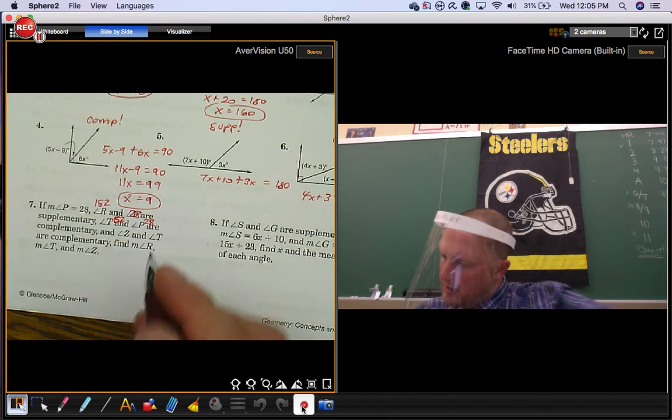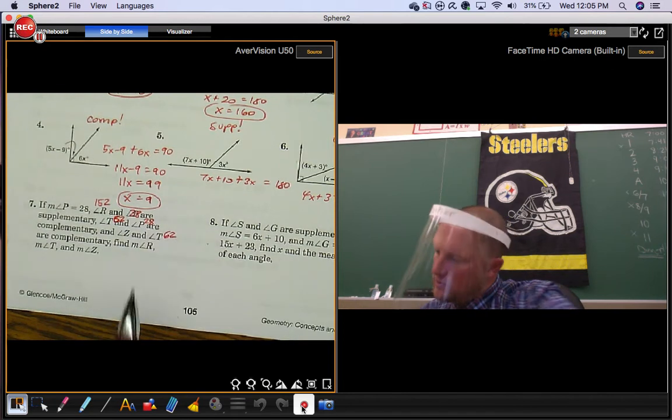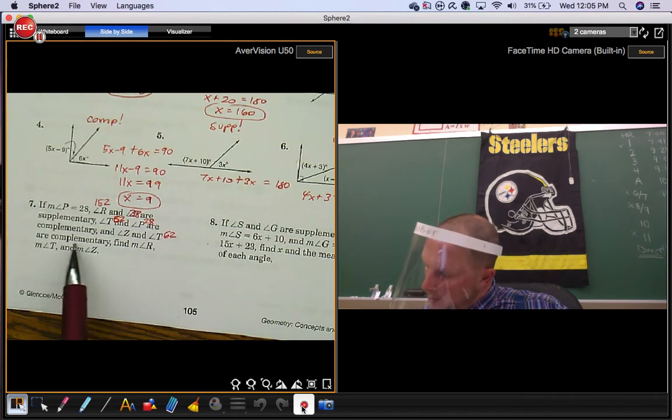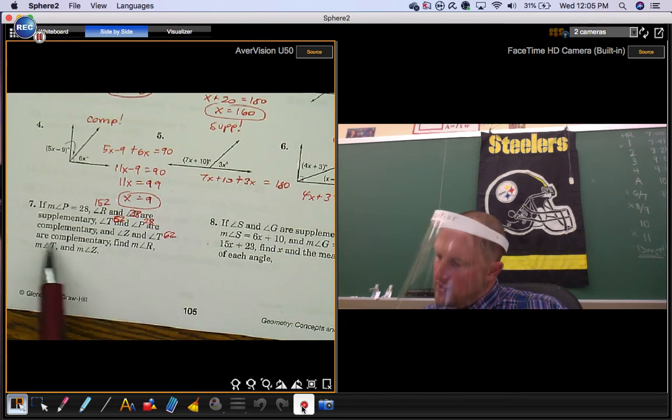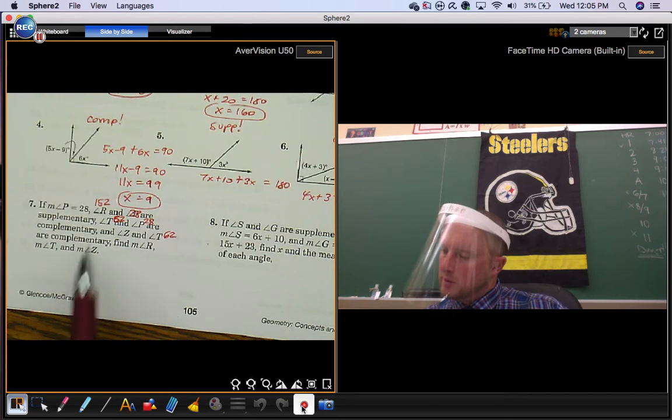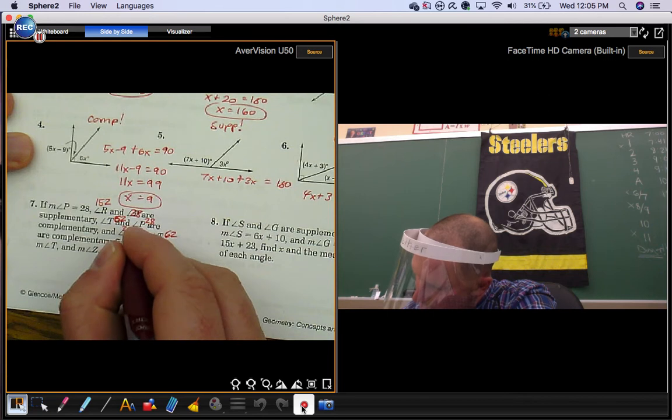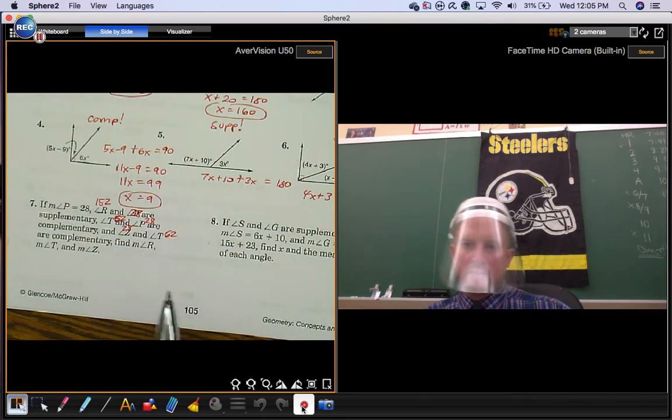We know angle T is 62 degrees. Angle Z and angle T are complementary. So that means angle Z is 28, because together they add up to 90.